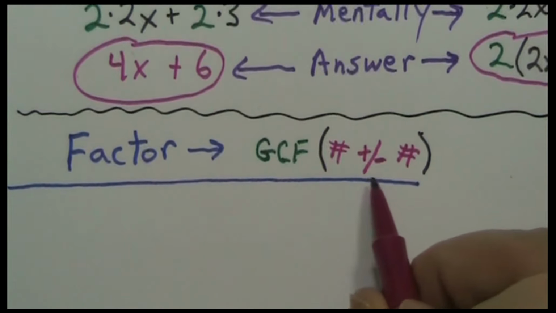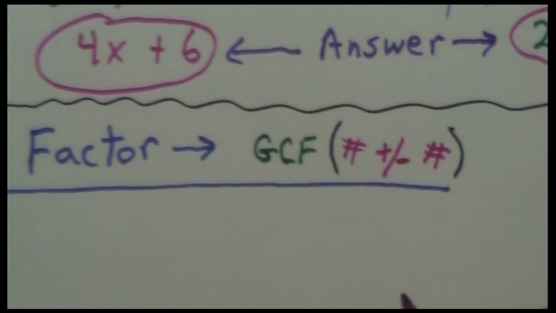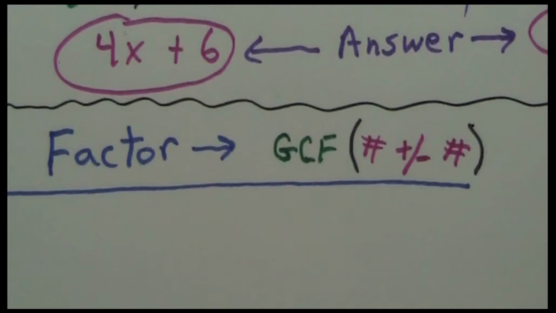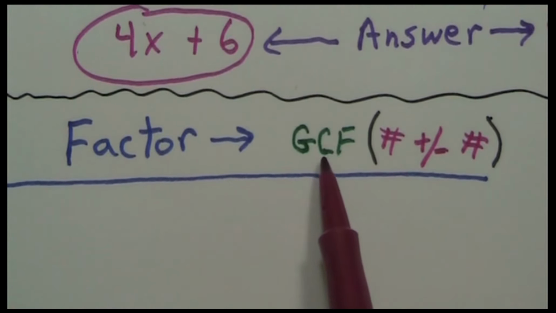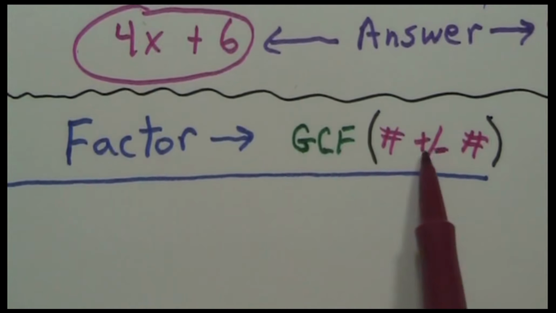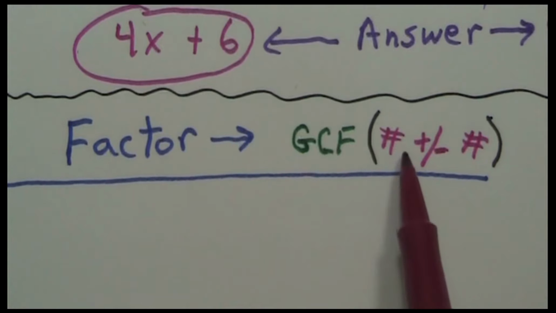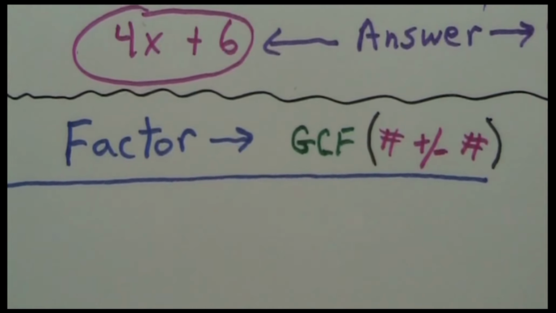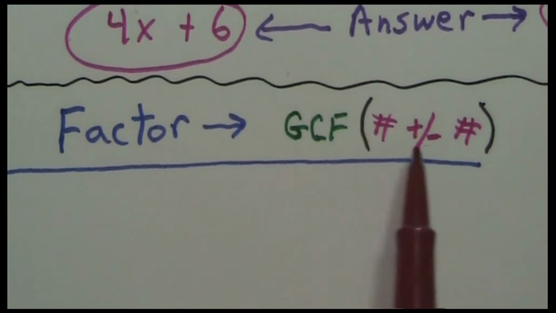I don't know if you're familiar with that symbol there. That means plus or minus. All right, so this is what it's going to look like when we're done. The greatest common factor on the outside, then you have some number, plus or minus some other number. There's usually an x in there. Okay, now we can start factoring.